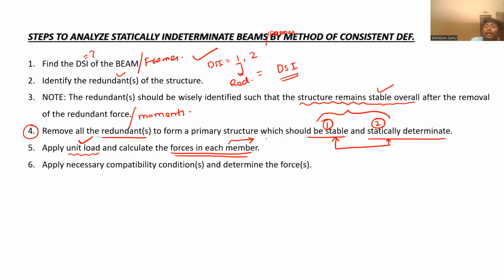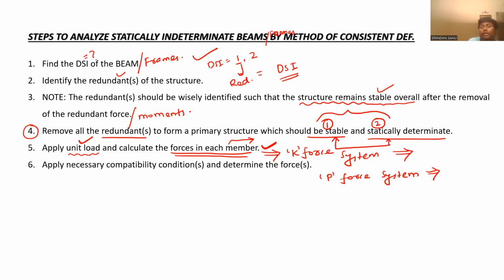You should take out all those external loads and apply the unit load, then find the force in each member, like what we have done for trusses: K force system, then P force system.